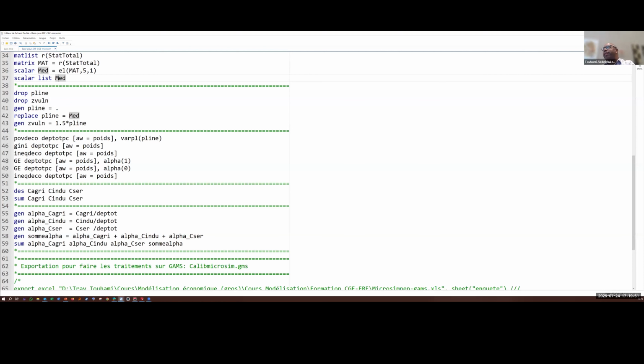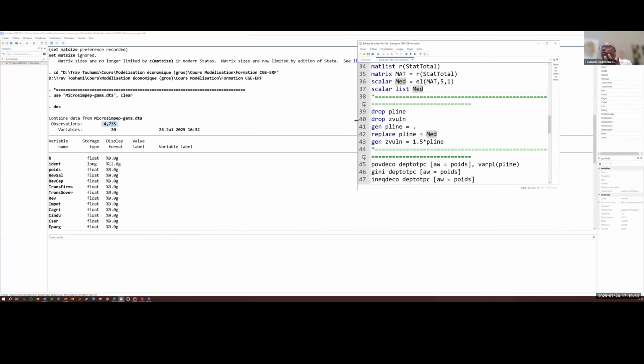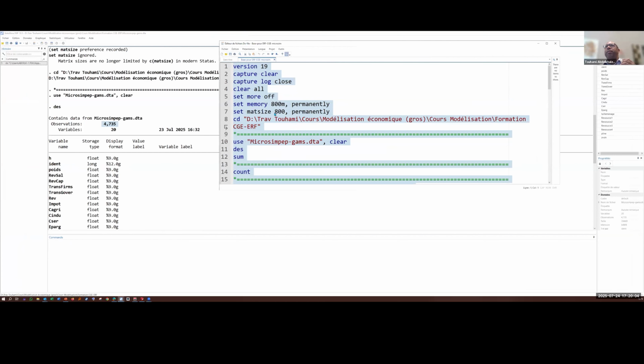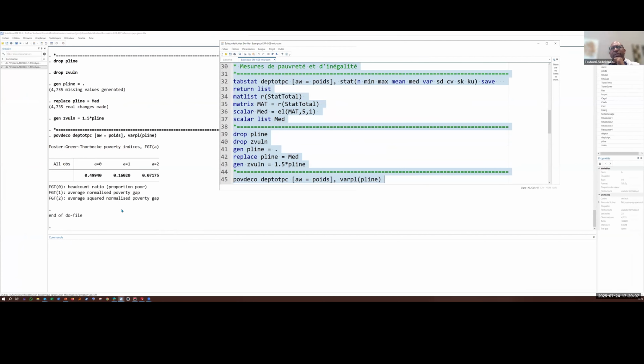Just to give you an example of why we want to do microsimulation, why the CGE, the global or macro model, cannot answer some of our questions. Here is the situation in the base year with this data. We have the incidence of poverty, the FGT when alpha equals 0, the poverty gap when alpha equals 1, and the severity of poverty.